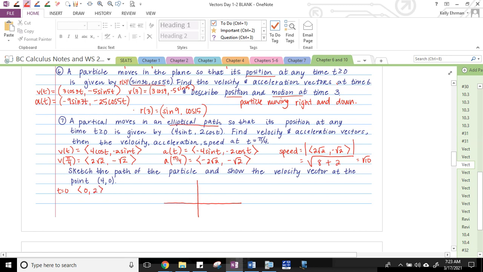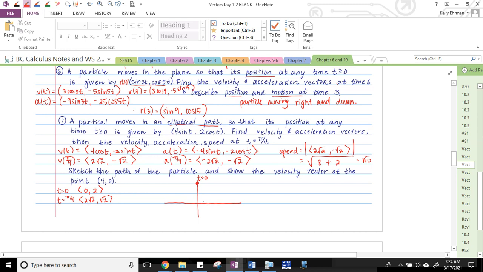So the first position is 2 right here, t equals 0. And then to figure out which direction it's headed, maybe I look at pi over 4, for example.